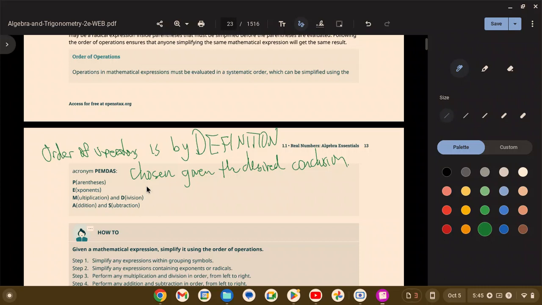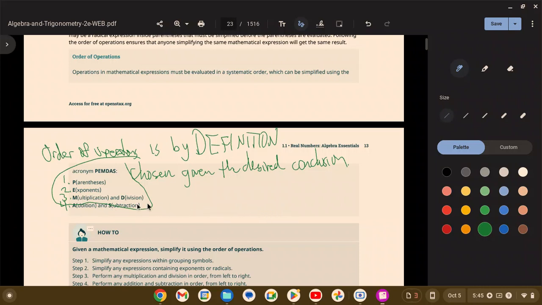So the definition that is chosen by this book is PEMDAS. Parentheses first, exponents second, multiplication and division third, addition fourth. Why?